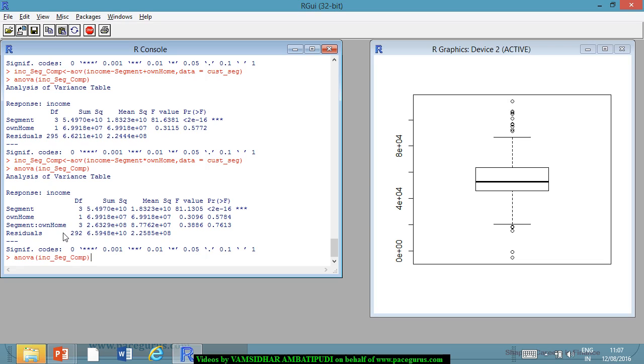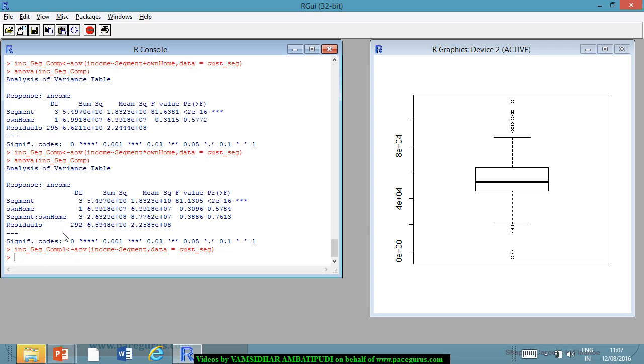Then I'll take another called INC segment comp 1, where I'll take only segment. I'll not take own home at all, which we have already done. I'll take only the segment as the variable, finding the difference in the income across the segments. And from this, I can very well do an ANOVA of the comp 1, this one.